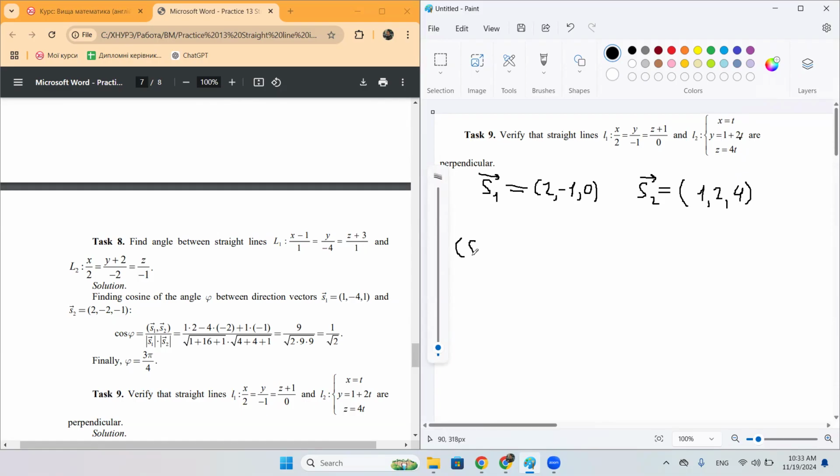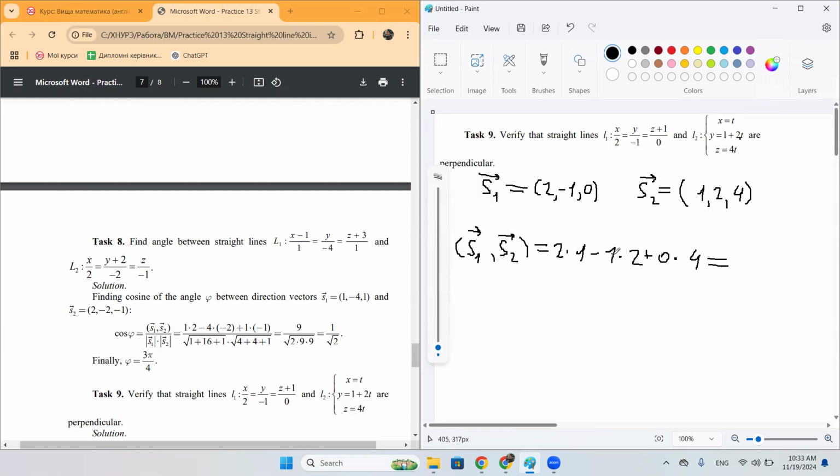So calculating the scalar product. So 2 minus, little mistake.